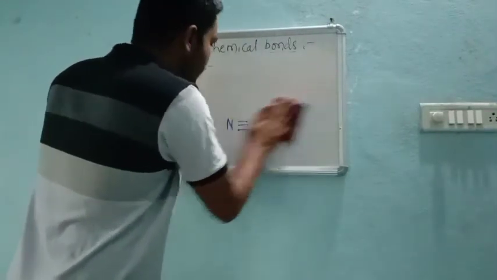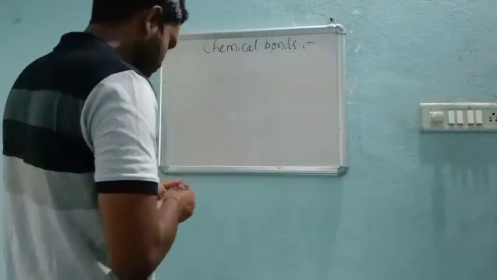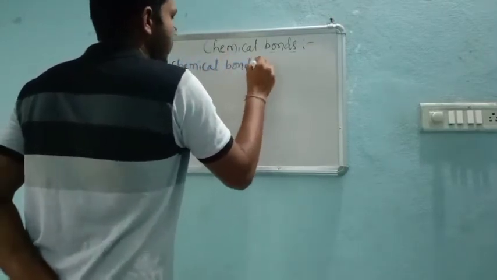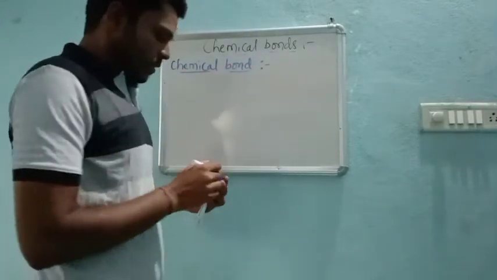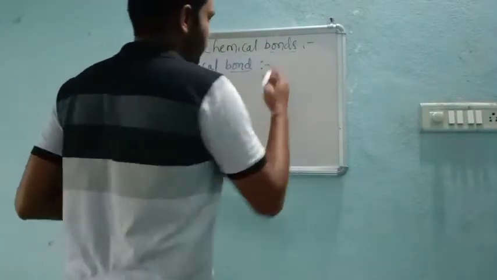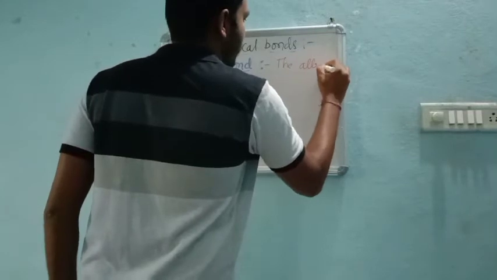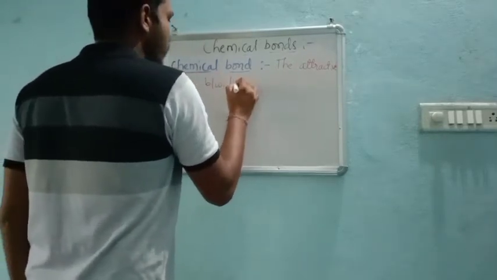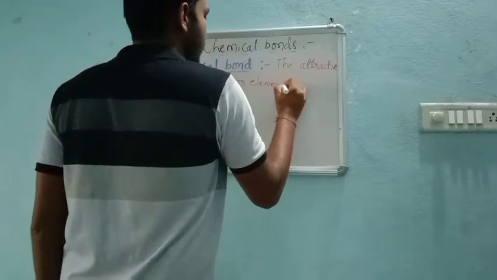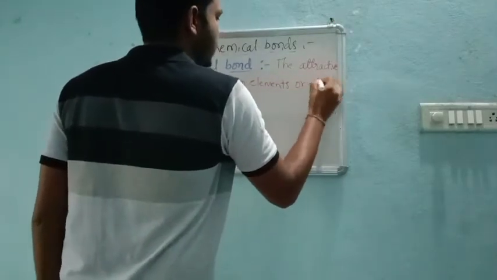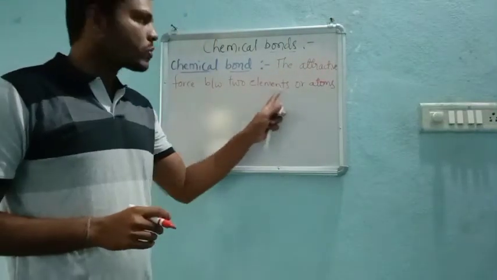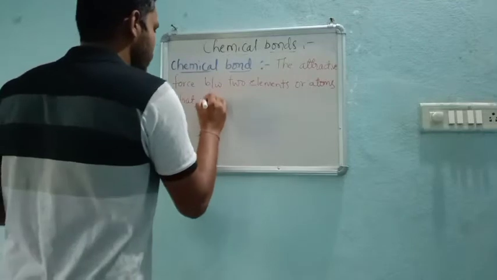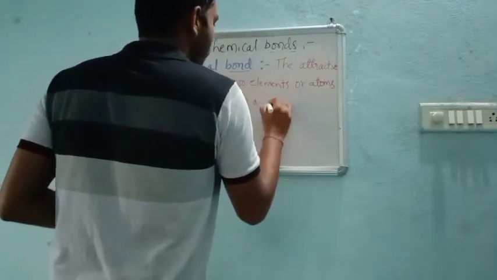Now directly we will see what a chemical bond is. Chemical bond: the attractive force between two elements or atoms that holds them in a molecule.